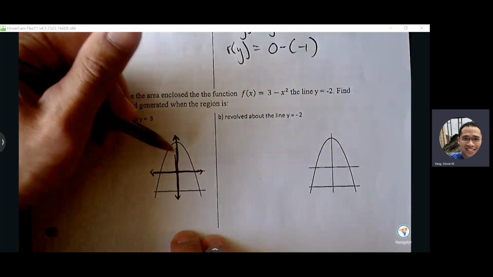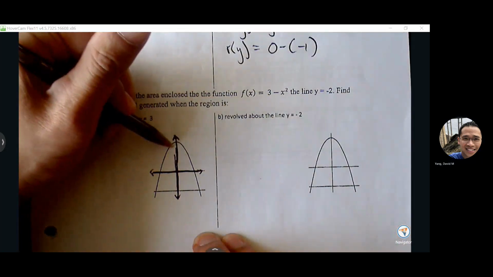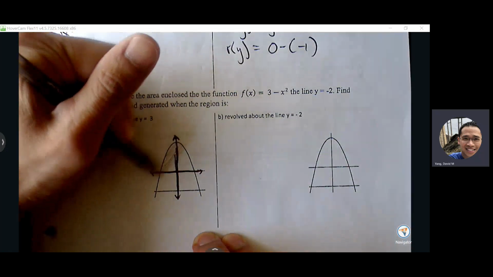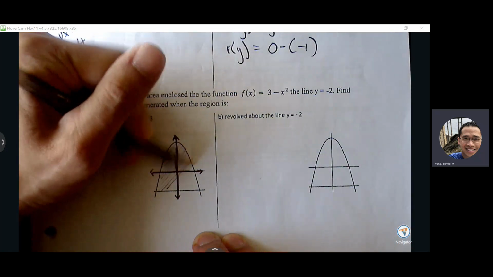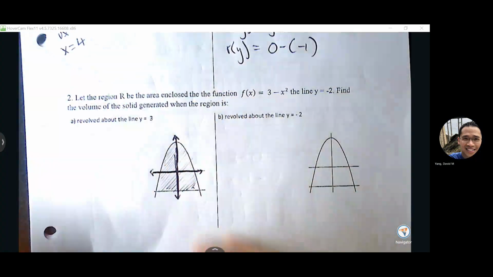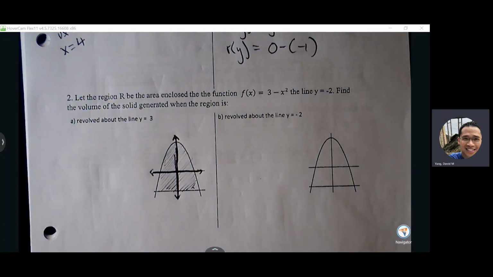They're just there for us to have some idea where our graph is. So our shaded region is going to be this entire portion there. And again, the x and y axis are just there for reference, but not part of our boundaries. And we're going to revolve this region about the line y equals 3.